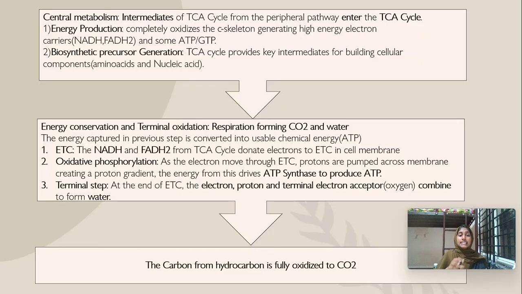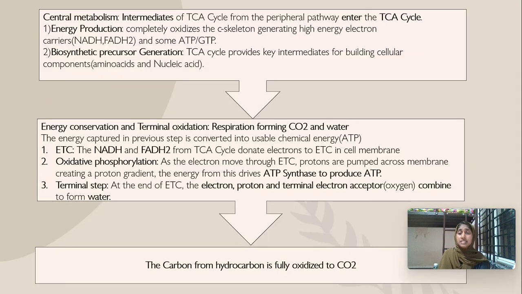The NADH and FADH2 donate electrons to the electron transport chain in the cell membrane, and the movement of electrons through the chain stimulates the pumping of protons across the membrane, creating a proton gradient.